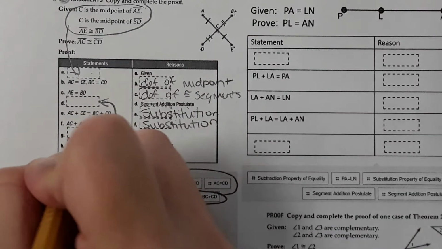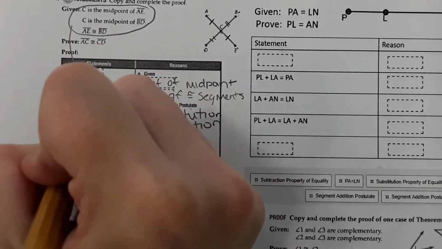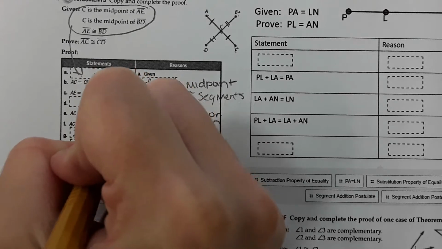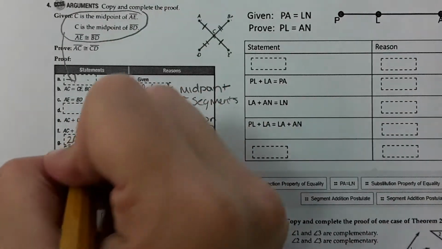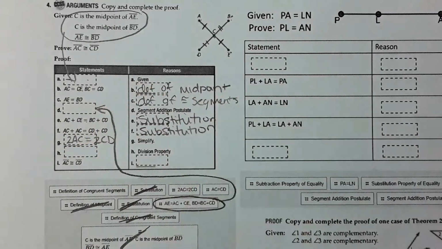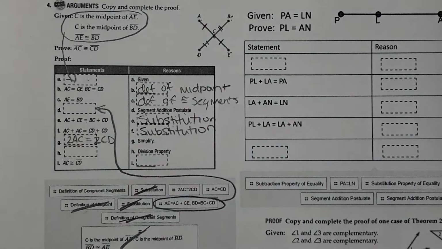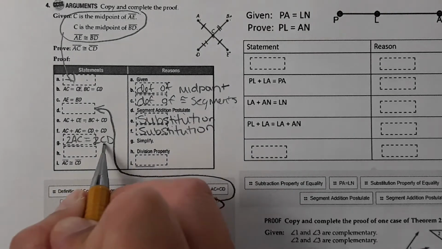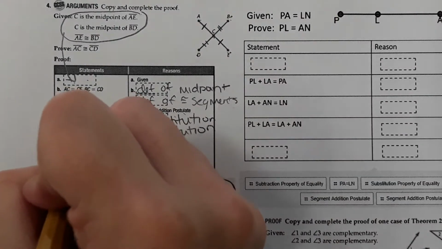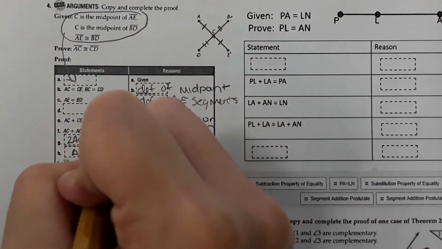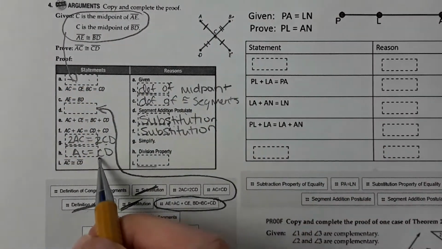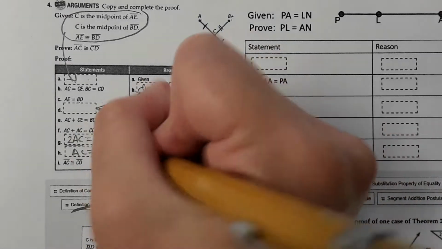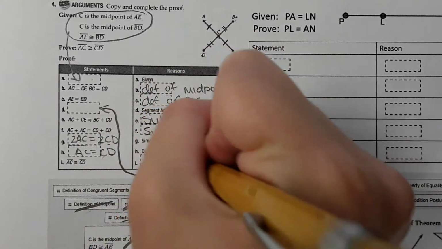What they're doing is, since there's two ACs, they're going to rewrite it as 2AC plus 2 equals 2CD. Then from there, divide both sides by 2 to get AC equals CD. And then turning it into a congruent statement, definition of congruent segments.